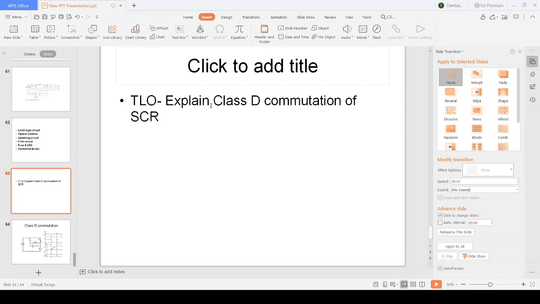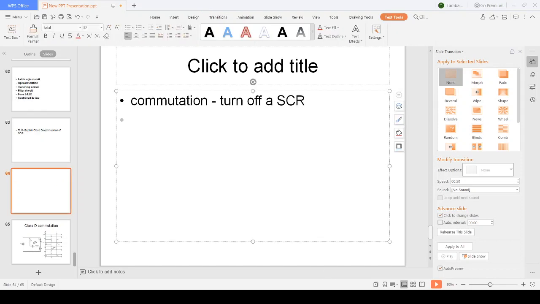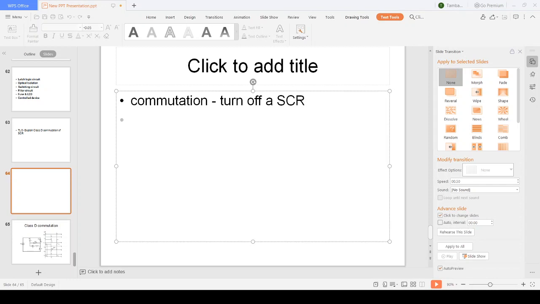Now, first thing is what is commutation, or what is the meaning of commutation. Commutation means to turn off a SCR.